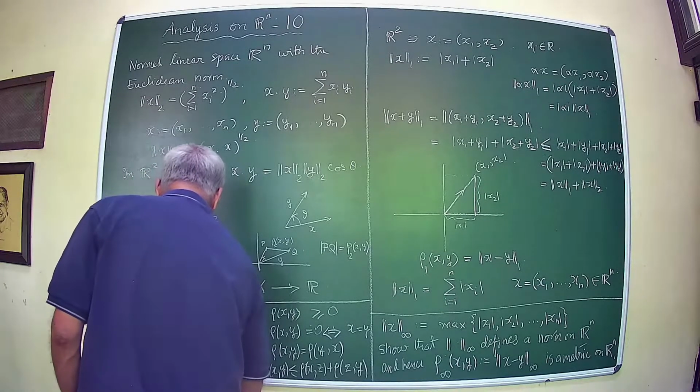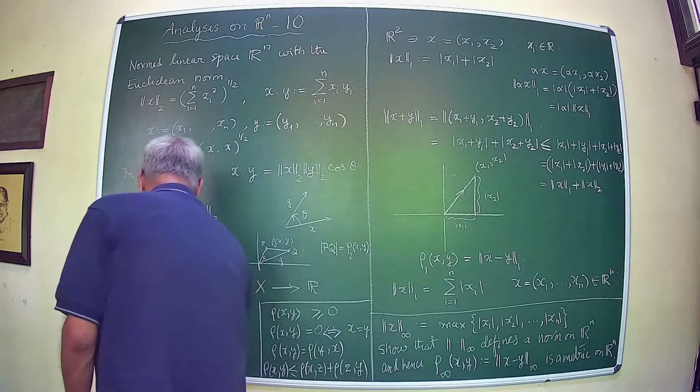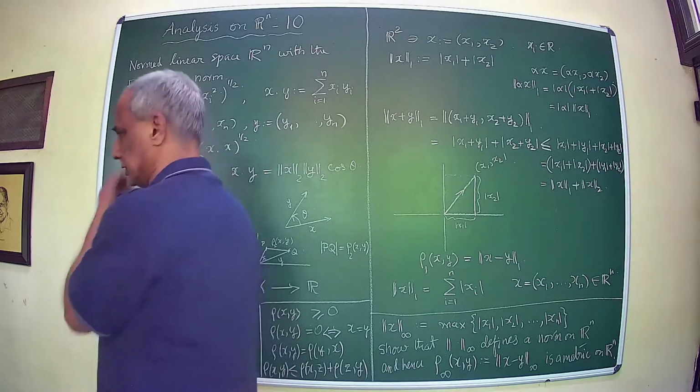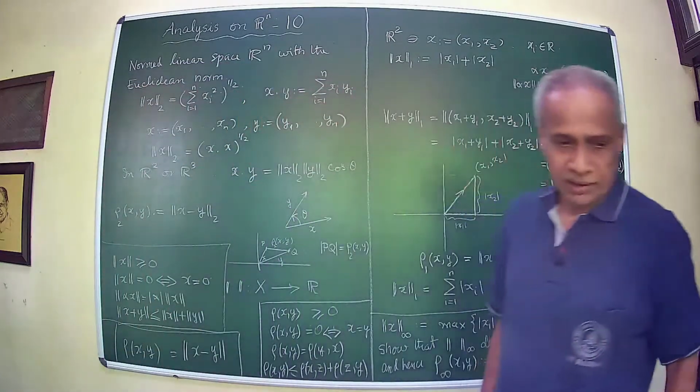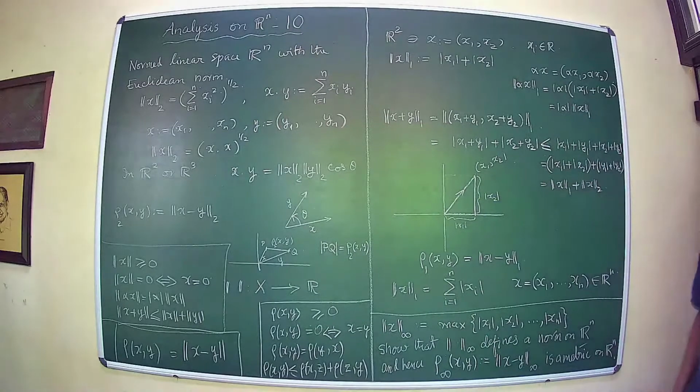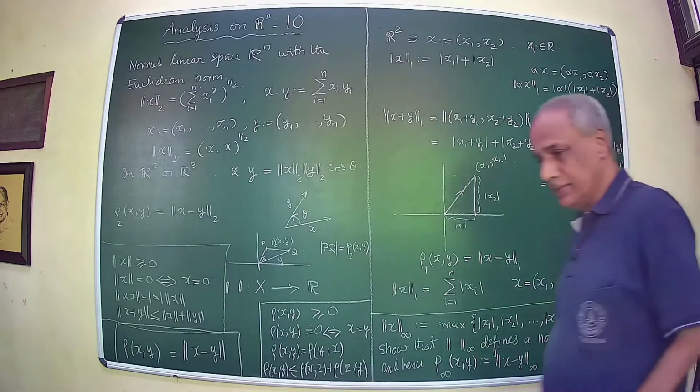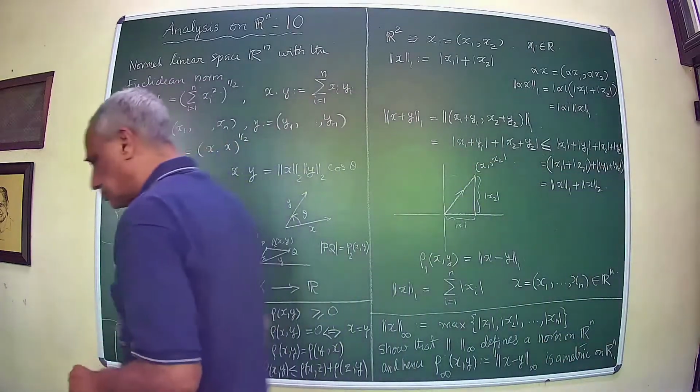This is the definition, and it gives you a metric space. Therefore, the same Rn can be made into different metric spaces by introducing a norm.